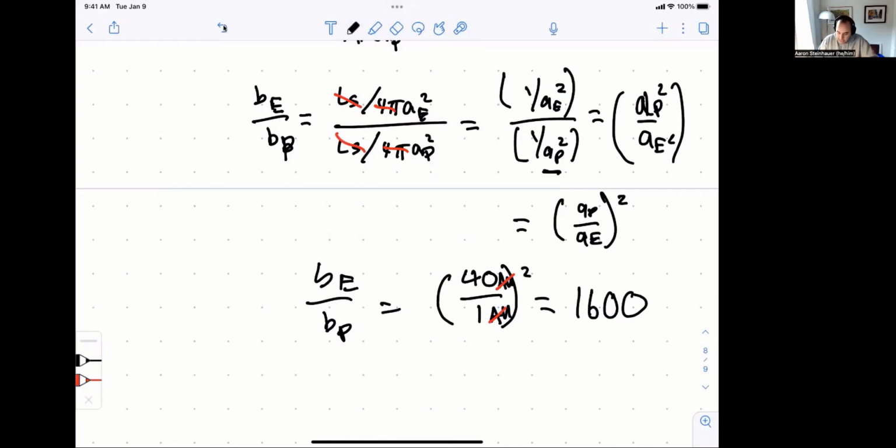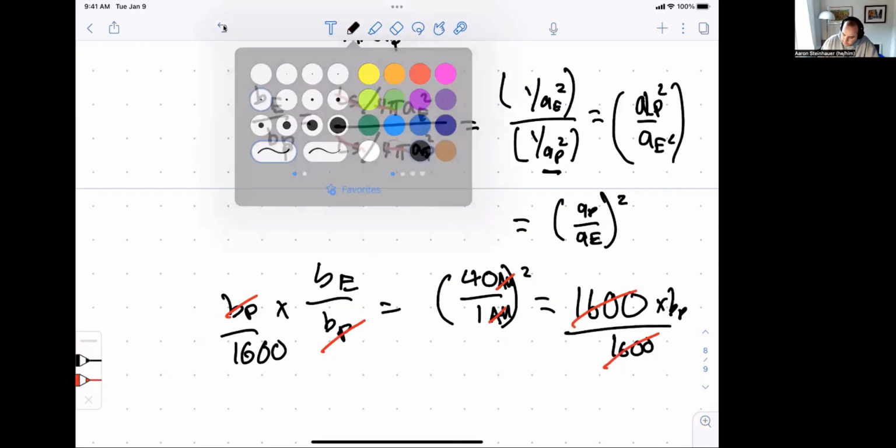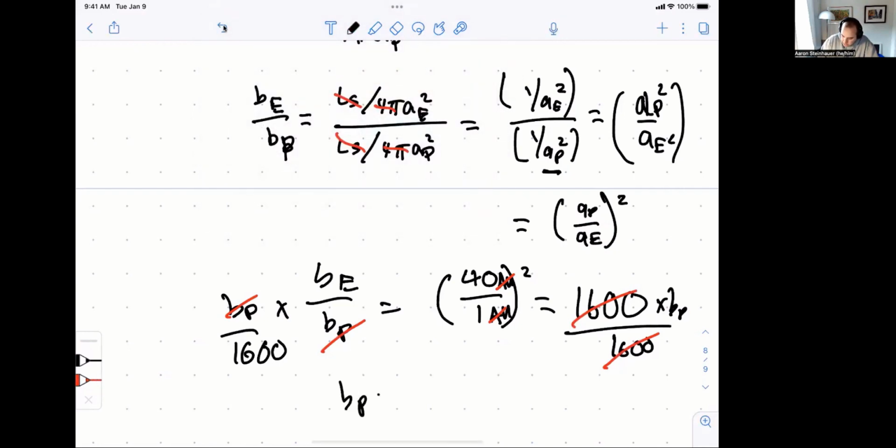Since we know what the brightness at the Earth is, we can now solve this for the brightness of Pluto. Let's multiply both sides by BP and divide both sides by 1,600. The BPs cancel out over here, and the 1,600s cancel out here. And we get BP on one side, and BE divided by 1,600 on the other.